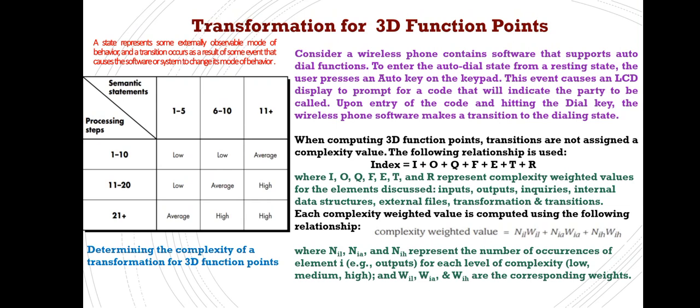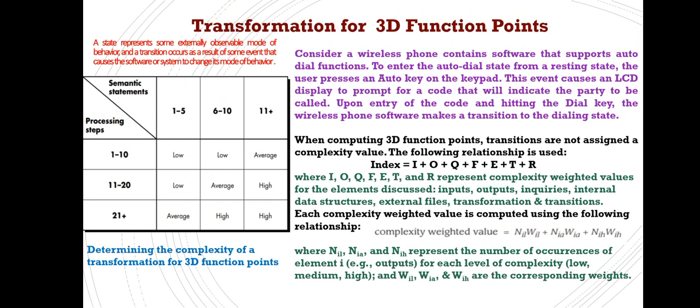Next, each complexity weighted value is computed using the following relationship. In order to calculate the complexity weighted value, we need the number of occurrences of an element multiplied by the weighted values. Let us understand the equation. Complexity weighted value equals N_IL W_IL plus N_IA W_IA plus N_IH W_IH.